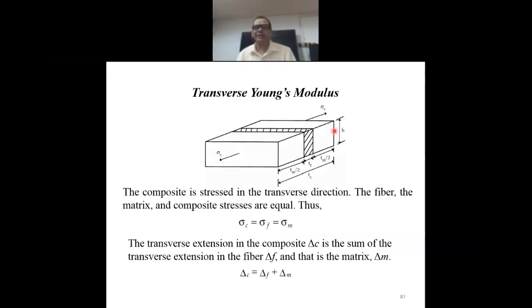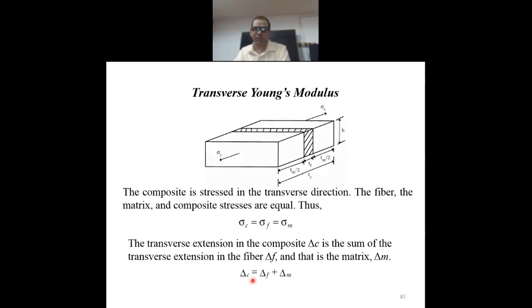And in finding the Young's modulus in the transverse direction, we assume that the forces are equally shared. That is, when structural members are connected parallelly, we consider that the forces are equally shared. All structural members are subjected to the same force, so the same stress, but the deflection is the summation of the individual ones.